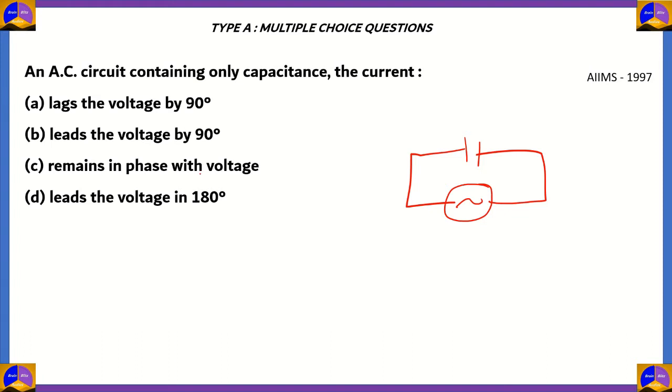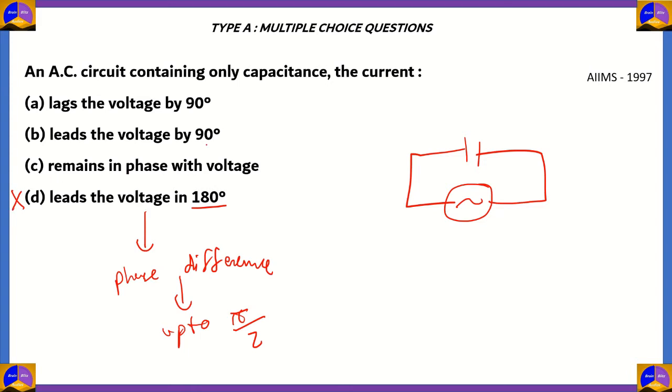Let's look at our following options. Option D leads the voltage by 180 degrees. Phase difference, when there is only one component, is only up to pi by 2. So therefore option D is incorrect. Option C remains in phase with voltage, so phase difference is 0.